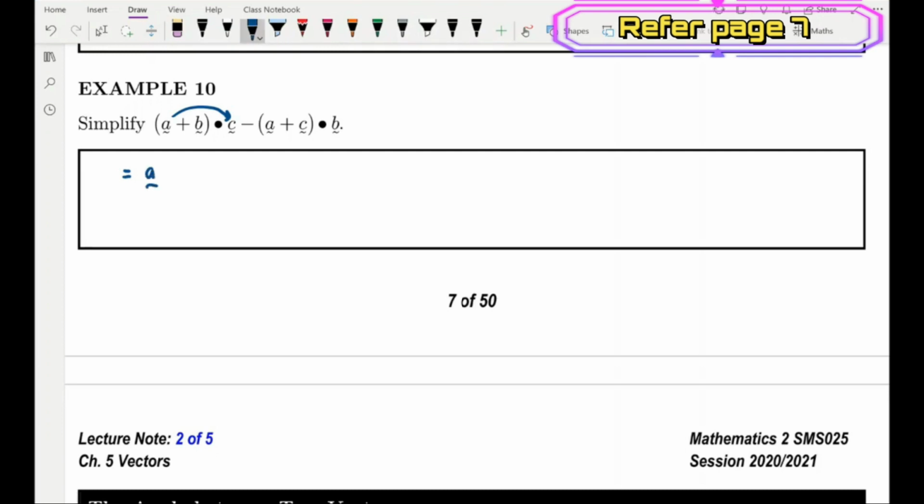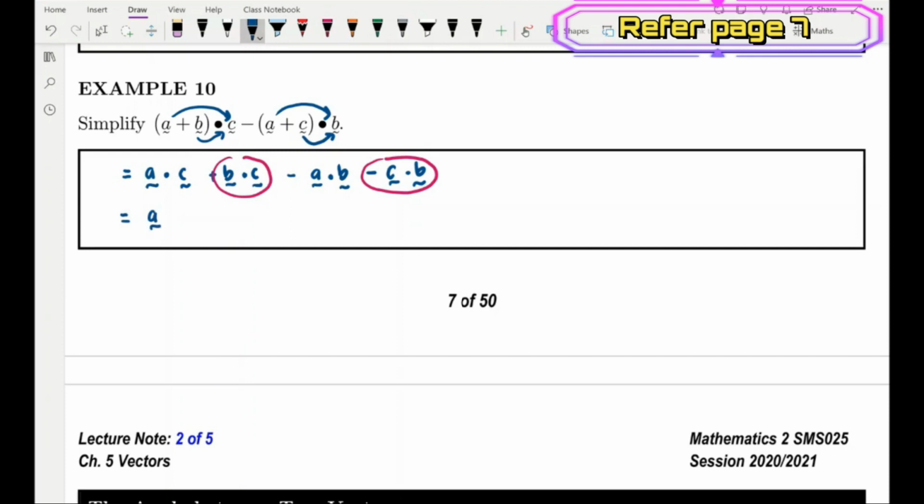So A dot C plus B dot C minus A dot B minus C dot B. From the properties, we know that B dot C is equal to C dot B, so plus and minus equal to 0.